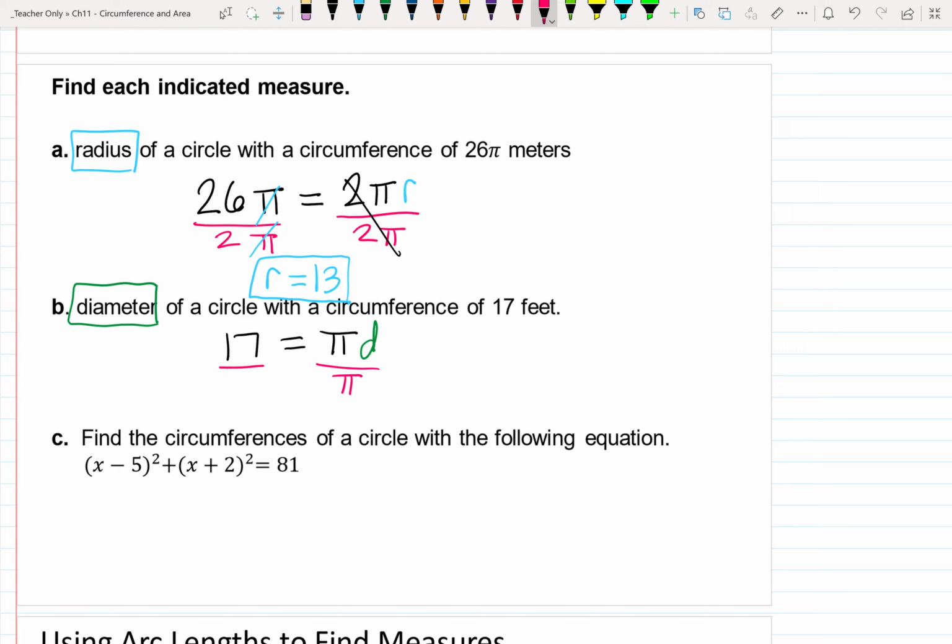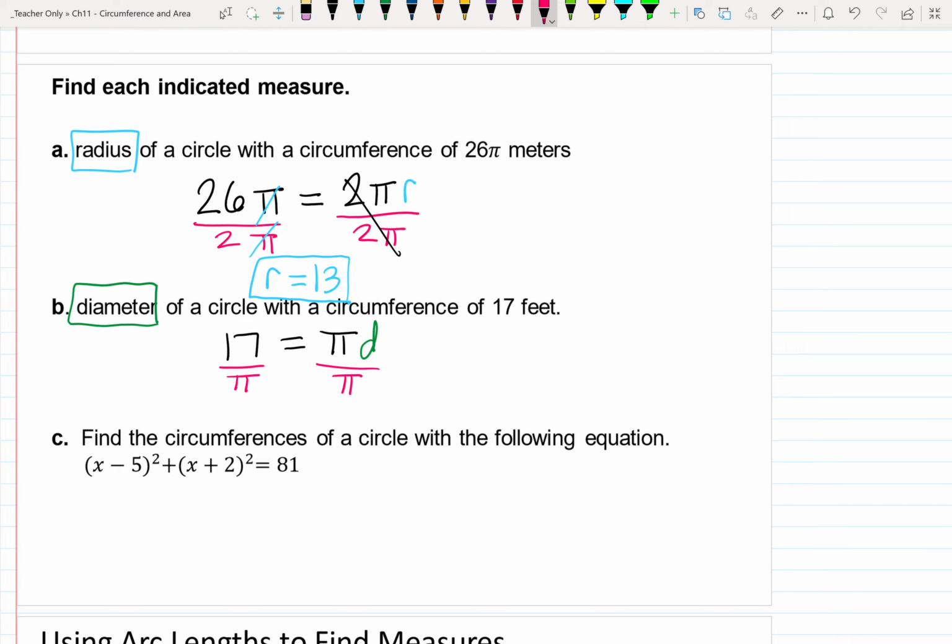If you're wondering why on question A we did not just multiply 26 times pi at the start, you can and you will get the right answer. But if your question gave you pi and you know you eventually will be dividing by pi, it would make more sense to leave it alone, so that way we can cancel it out.